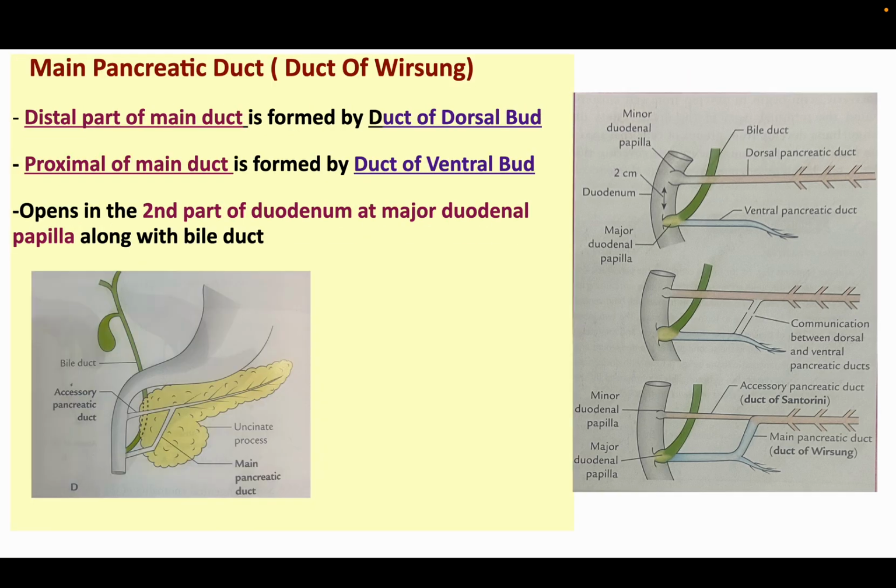Now coming to the main pancreatic duct, which is called the duct of Wirsung. Coming to the same diagram, initially these two ducts were independent. Then the communication is established between these two ducts. The main pancreatic duct is contributed by the dorsal pancreatic duct and the ventral pancreatic duct. The duct of the ventral bud is going to form the proximal portion of the main duct, and the duct of the dorsal bud is going to form the distal part of the main duct.